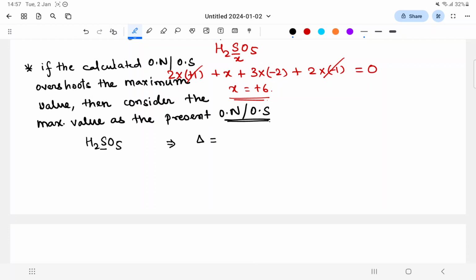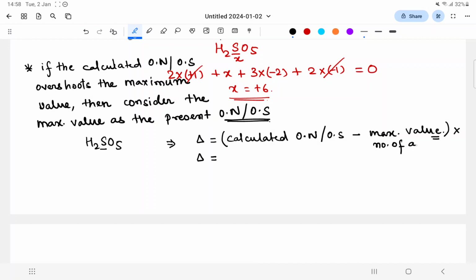Delta is equal to the calculated oxidation number or state minus the maximum value, into the number of atoms of that particular element.